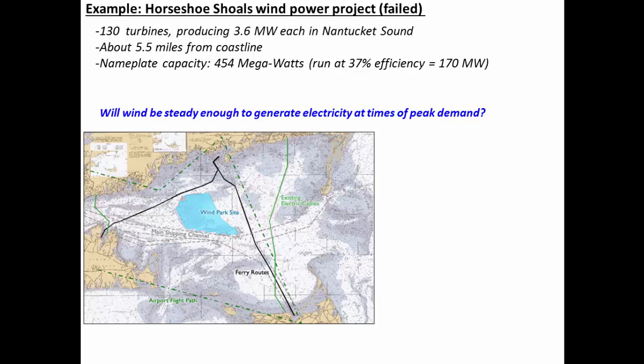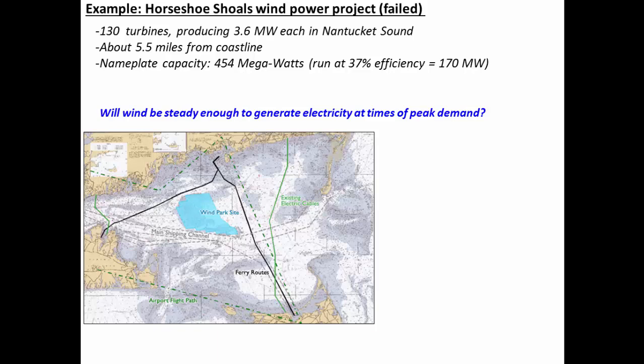One of the questions and criticisms of this project was that wind can be unsteady, that we can't rely on wind during times of peak demand. So the developers looked into that question. If you think about when times of high demand are in New England, it's in the summer, on the hottest summer afternoons, when people start cranking up their air conditioning, sucking down the electricity.